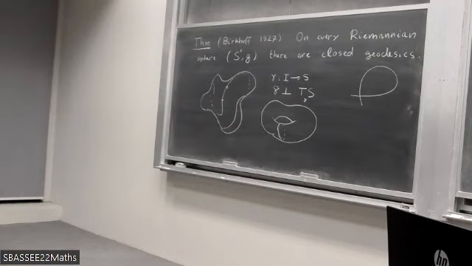For such a path, I take the maximum. Then I take the infimum over all possible paths like this. So it's a minimax. In principle it's just an infimum, because we are now working on an infinite-dimensional space of paths. But then you prove that this minimax is a positive number, and it's actually achieved by closed geodesics.